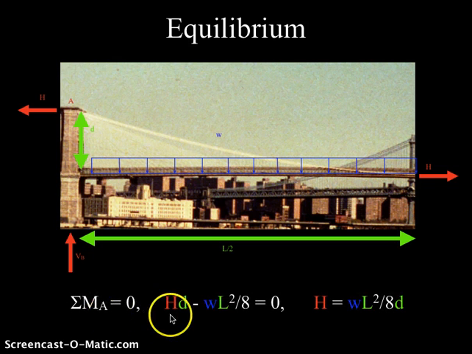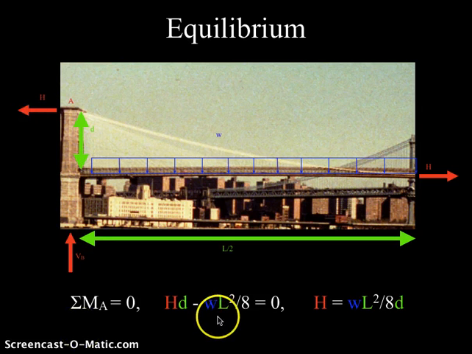This is what the moment equilibrium equation looks like for the Brooklyn Bridge at point A. So again, we're looking at moments or torques, or tendencies of the forces to rotate the Brooklyn Bridge around point A. If you remember that moments are forces times distances, we can see that the first term, H times D, is simply this horizontal cable tension multiplied by this distance, D. And that moment is acting in a counterclockwise direction.